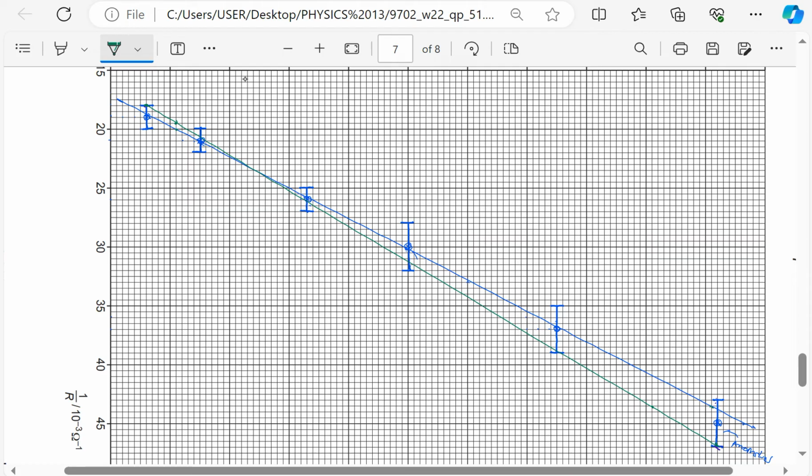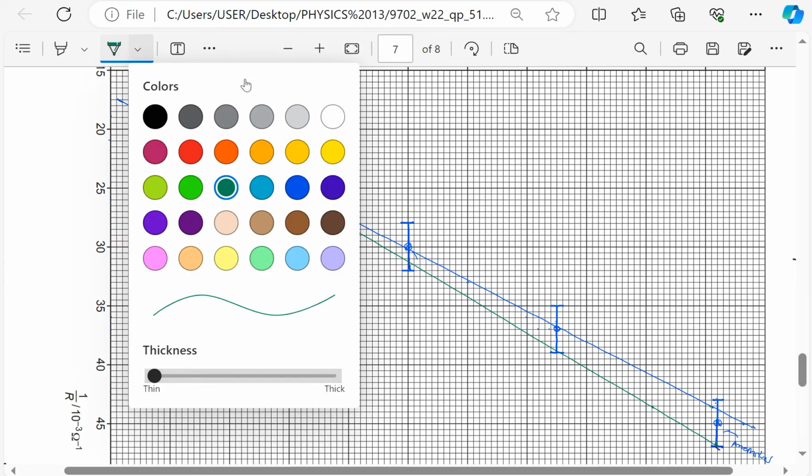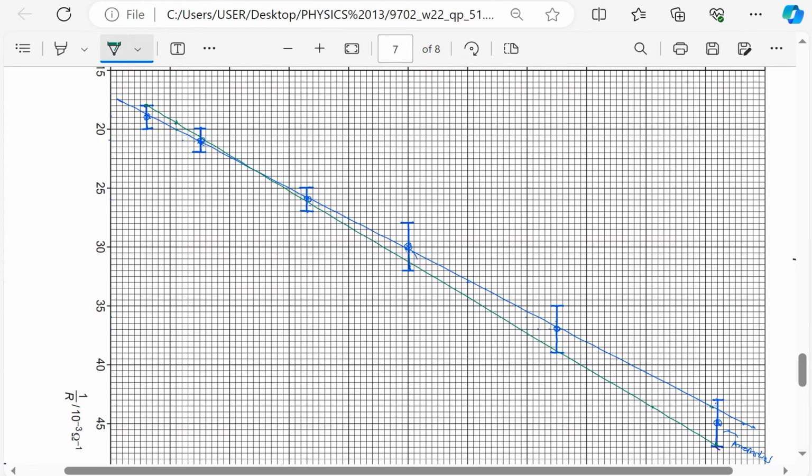Okay, so for the triangle, make sure you draw a very neat triangle. I'll try to increase the thickness. So I'll put a ruler so that I draw a very neat triangle for the gradient.